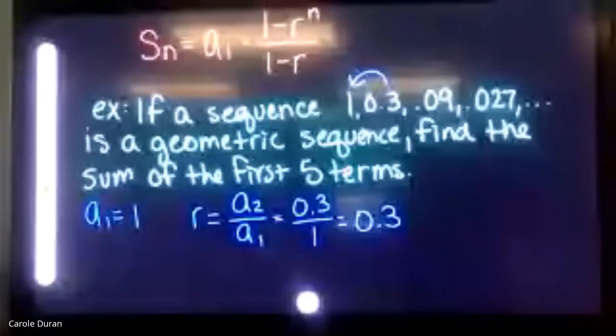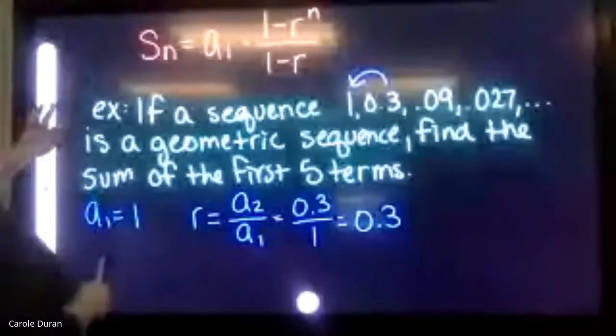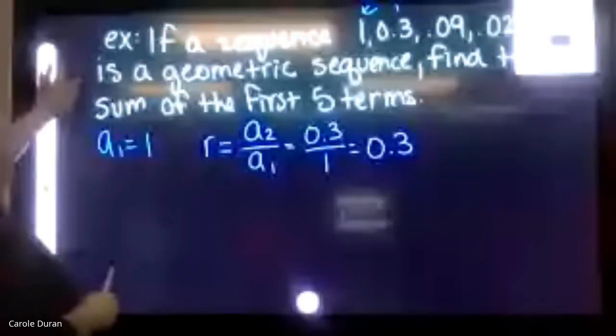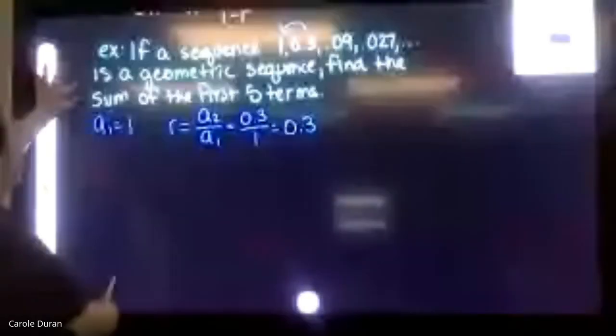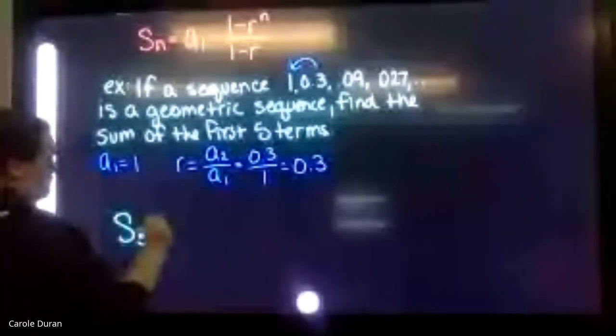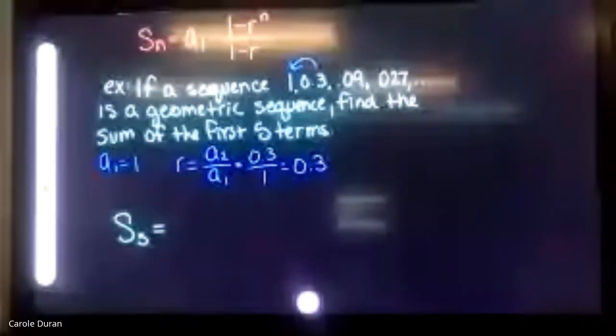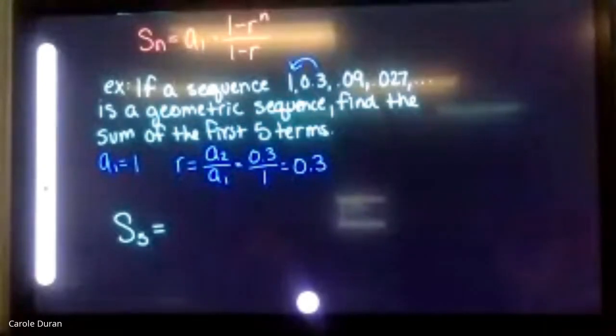So now I have enough information to go ahead and fill in my formula. And how many terms am I adding together? 5. So every n in this partial sum formula is going to be a 5. I have a question. Yes. In partial sums, why can't you just find the 5th term and just add them all together?